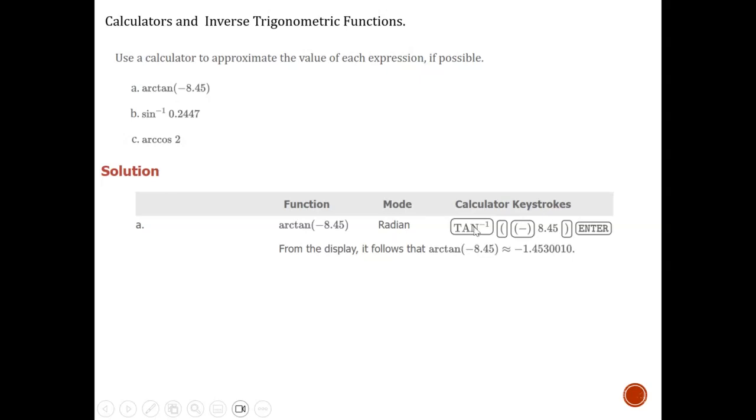You're going to hit the inverse tangent in your calculator, and then it's going to give you the parentheses. So all you do is enter the negative 8.45. If you do that, the answer should be approximately negative 1.4530. That should be your answer, guys.